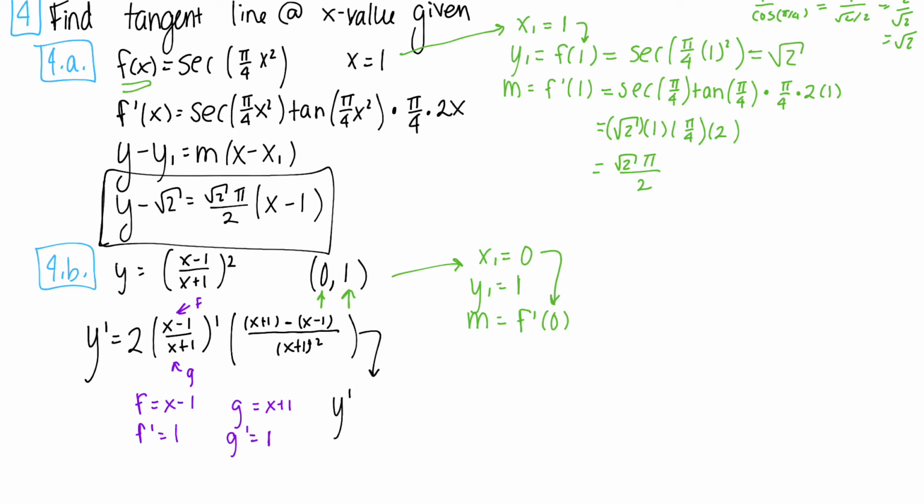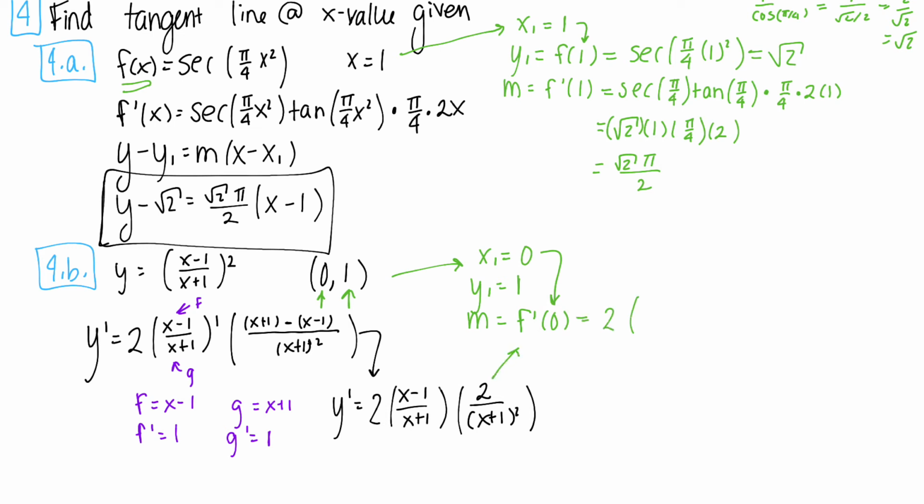So y prime is equal to 2 times (x minus 1 over x plus 1). And then here you would have x minus x, so the x's cancel. Negative 1 times negative 1, negative is positive 1, so 1 plus 1 is 2. So 2 over x plus 1 quantity squared. And I'm plugging 0 into that.